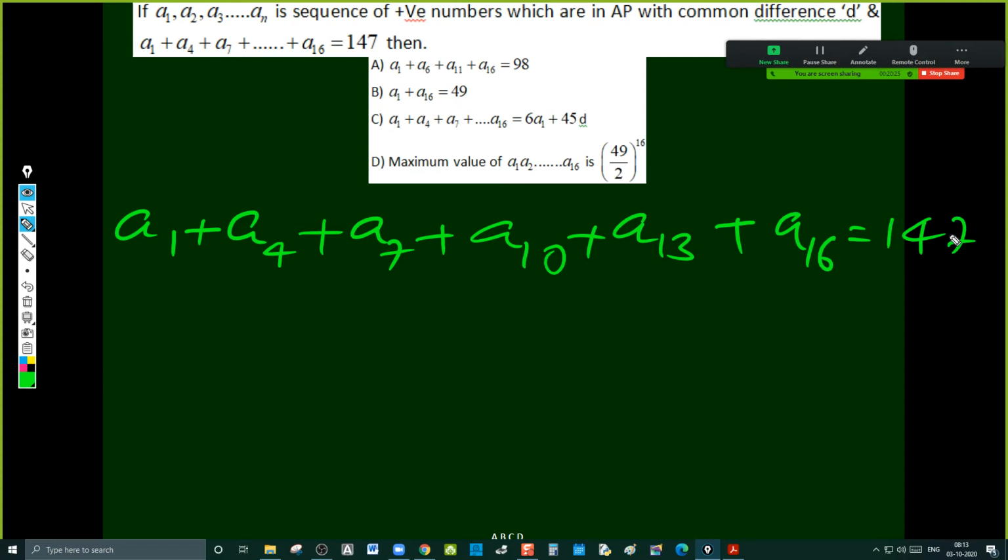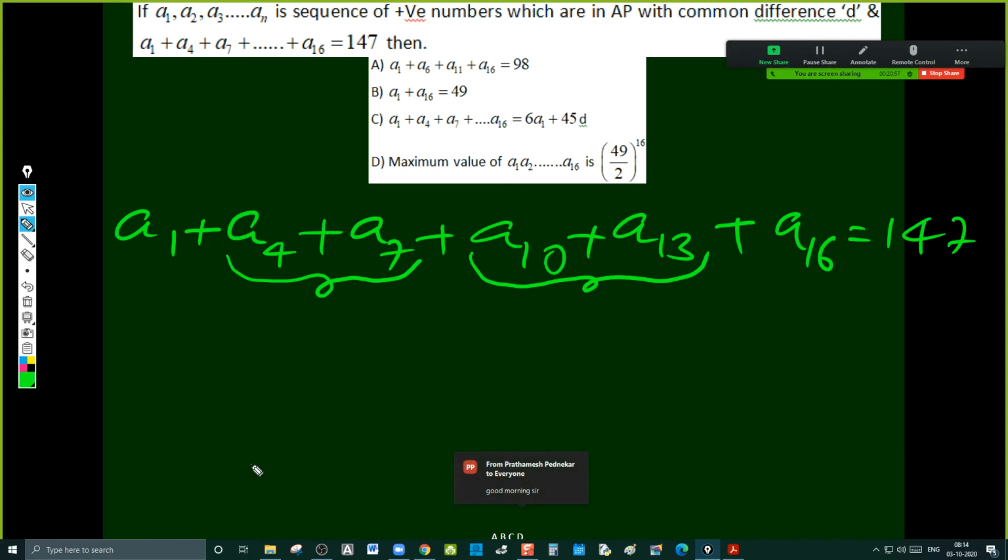Okay, now if you see, it can be written like this. This one we will write as 3D, one part, and A1 plus A16 is another part, so A1 plus 3D plus A1 plus 6D.